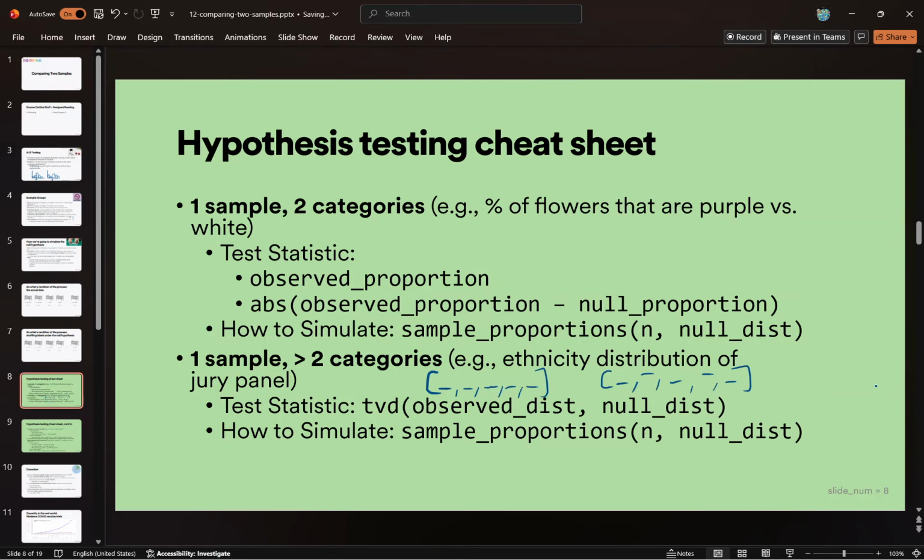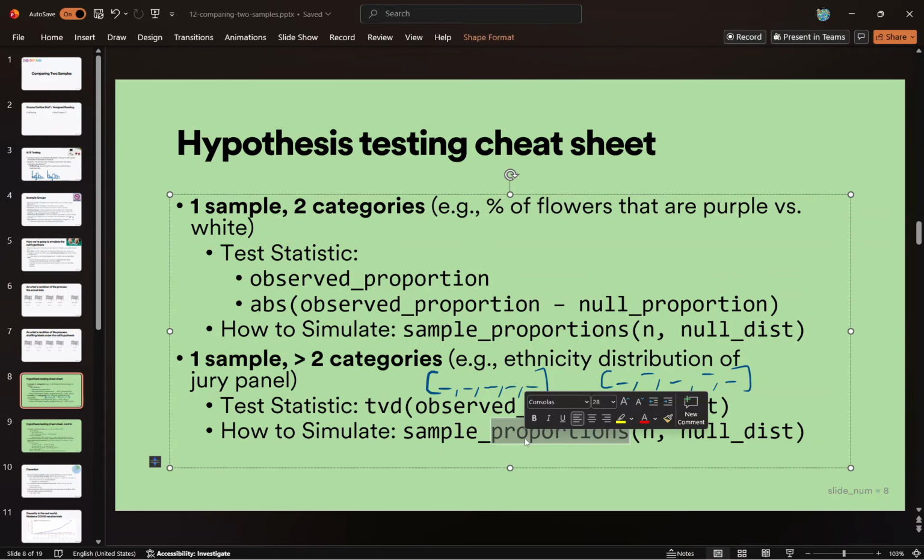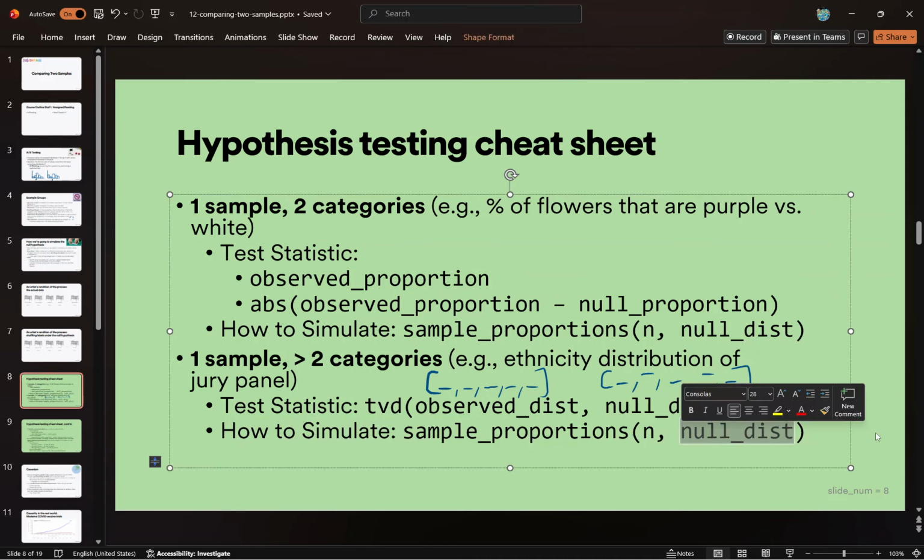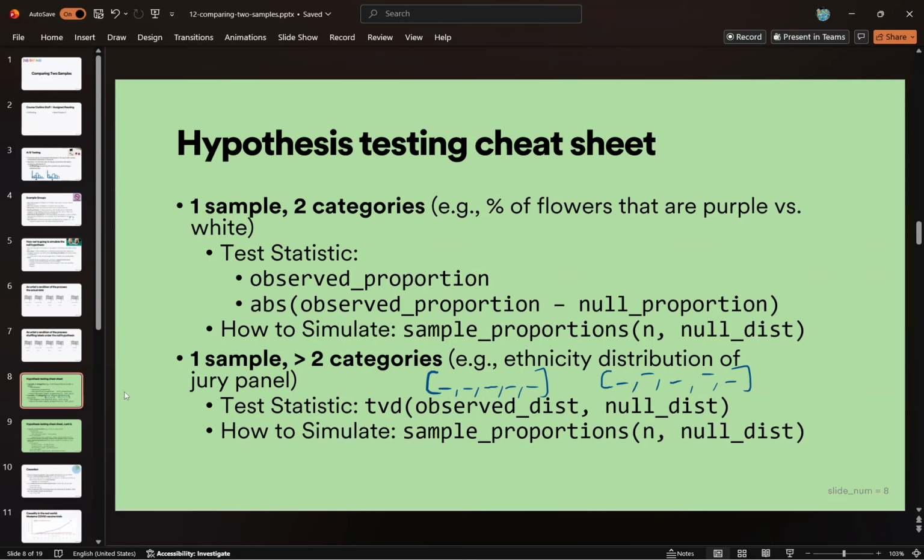How far off was it? Was it really drawn from that distribution? And so, again, we use sample proportions because it can take a big, long distribution with more than one thing in it. And that was how we tested that hypothesis. How often did we see a value that we saw in real life or more extreme? Okay, so that was the first one.